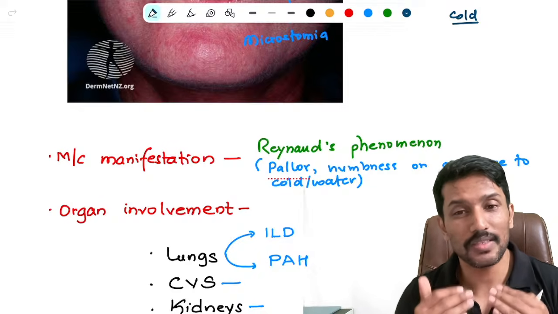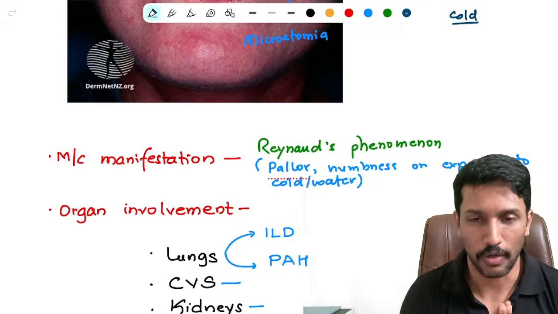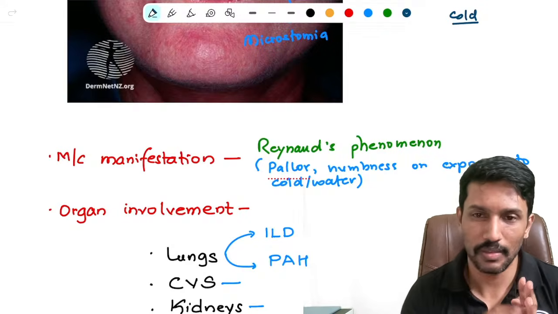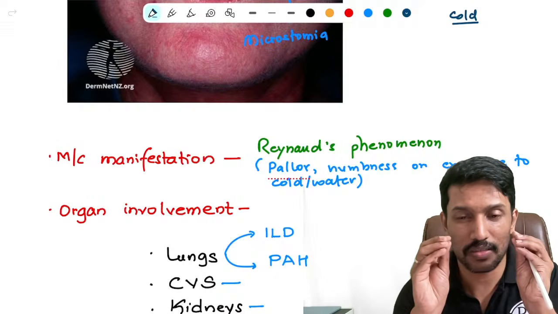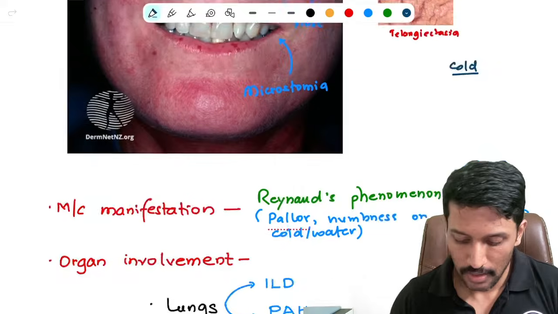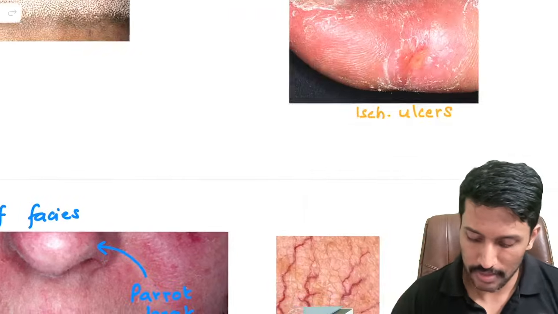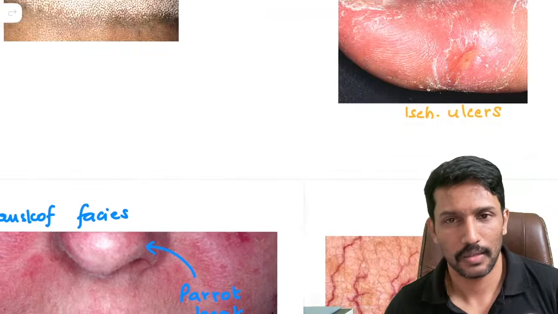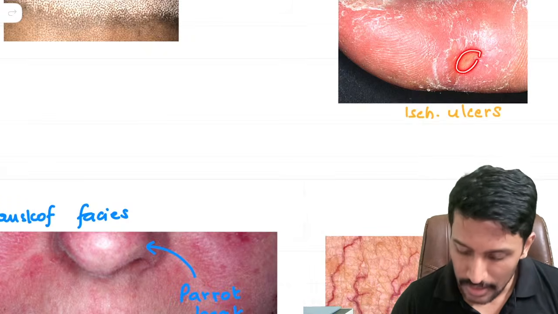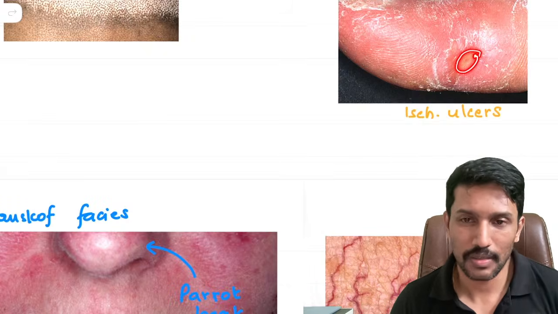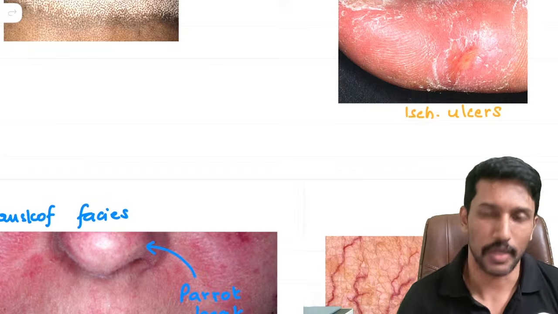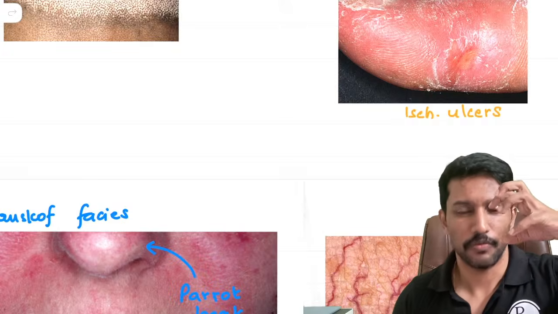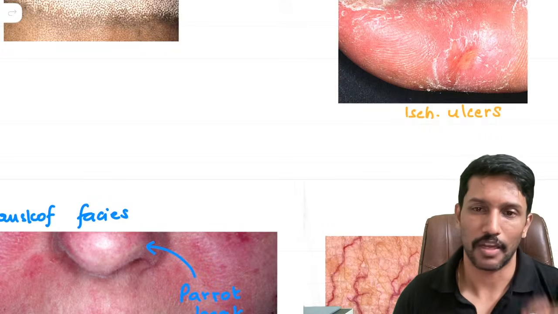And because they go through these repeated attacks of Raynaud's phenomenon, every time vasoconstriction happens, blood flow to the fingers is cut, and they can develop ischemia of the fingers, and they can develop these ischemic ulcers, right? Apart from that, ulcer healing itself leads to scarring of the skin. Apart from that, there is definitely fibrosis of the skin happening. So all put together, they develop these sausage-shaped fingers with the fixed flexion deformity, right?